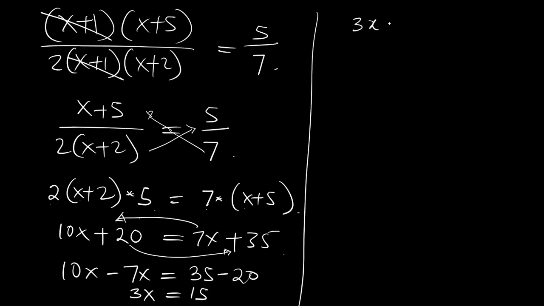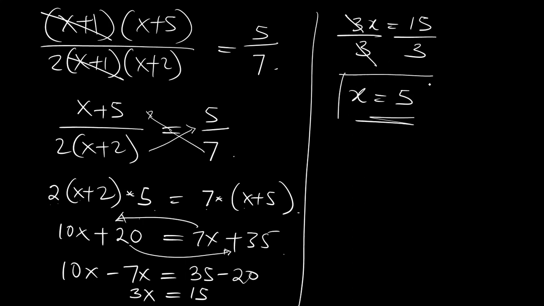So 3x is equal to 15. So divide both sides by 3. You have 3 will cancel out here. You have x is equal to 5. So that is the value. Now let's go back. We have gotten our x. Now that means you have an expression like this. Here is x, here is x plus 2, here is x plus 1.